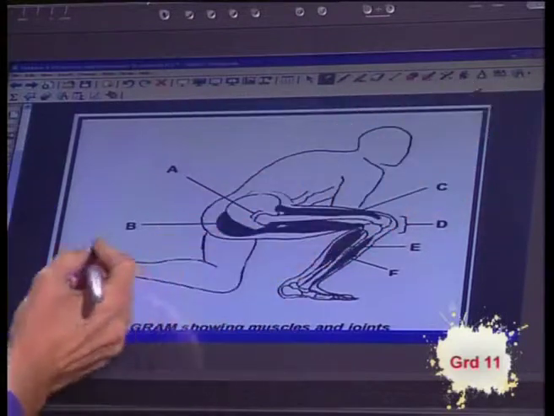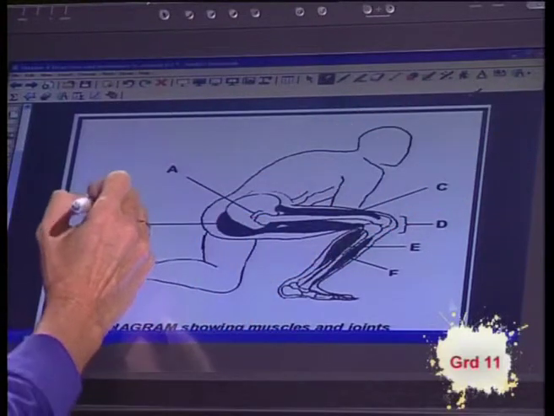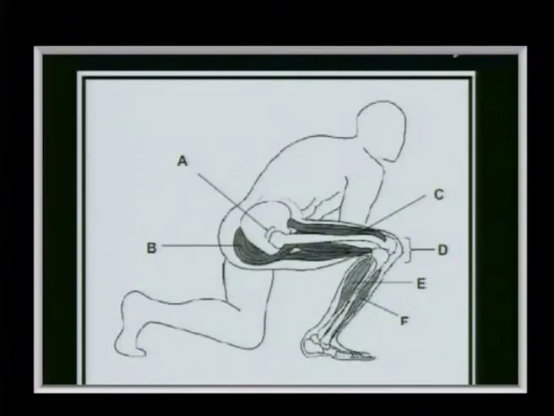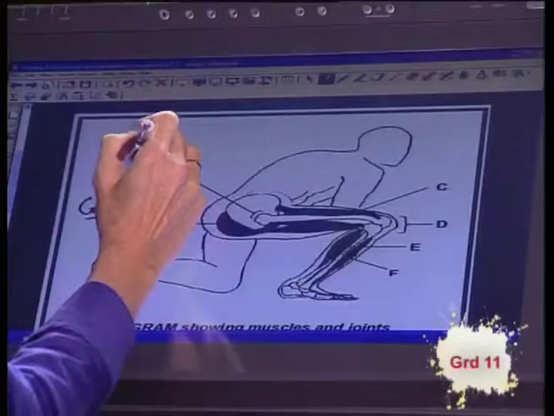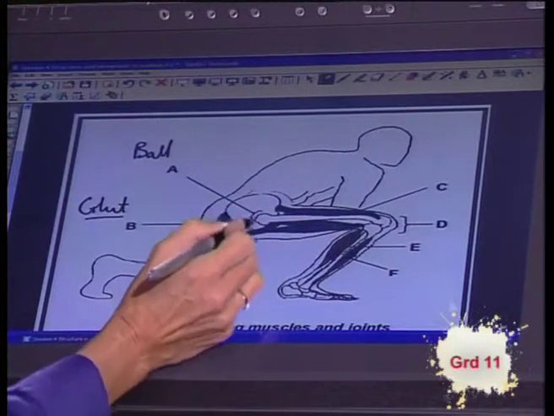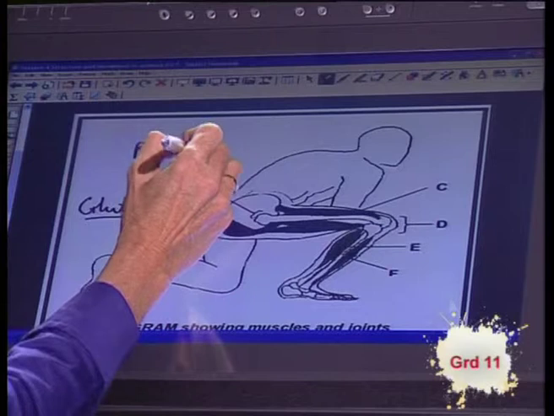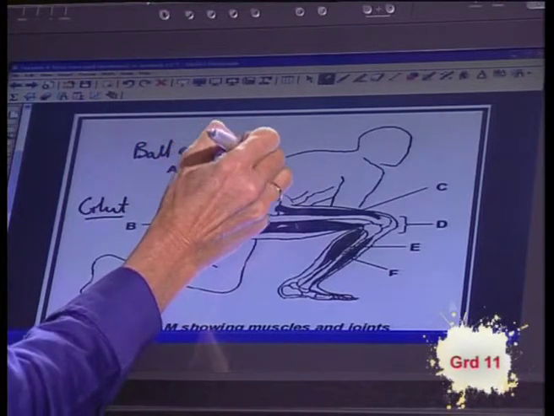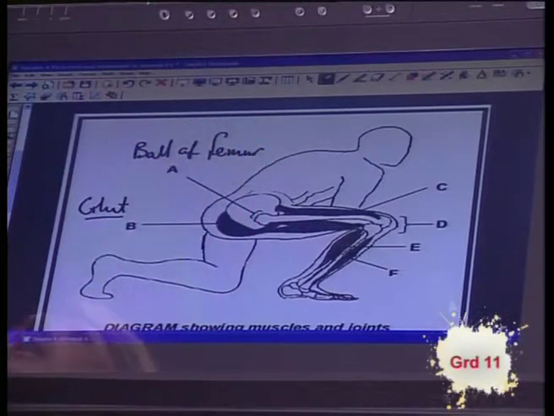The first one here is your gluteus maximus. That's the posterior muscle. We just call it a glute. Then here you've got the ball of the ball and socket joint of the femur. Remember, the femur is this long bone from your knee to the hip.